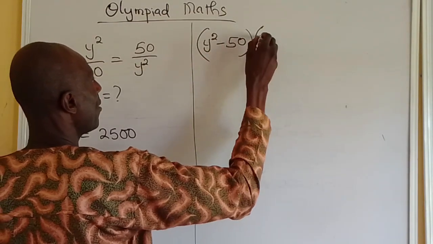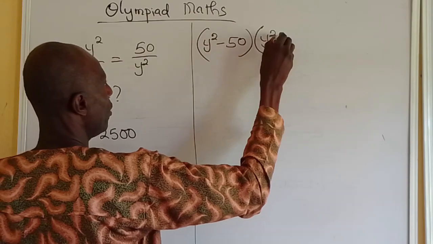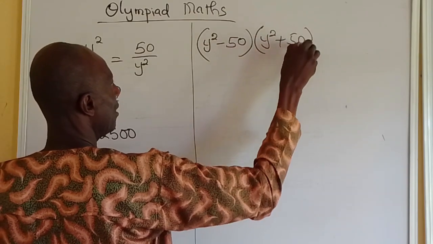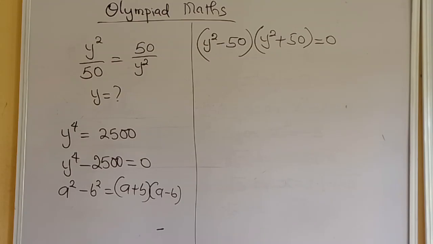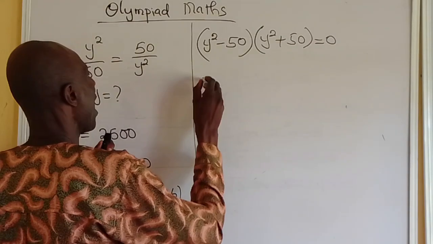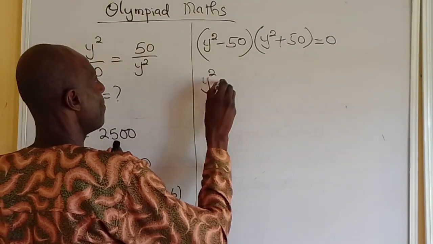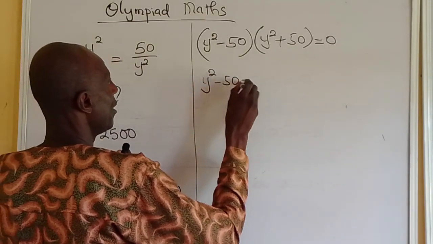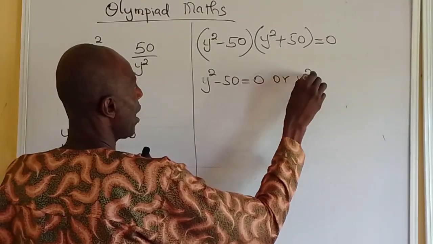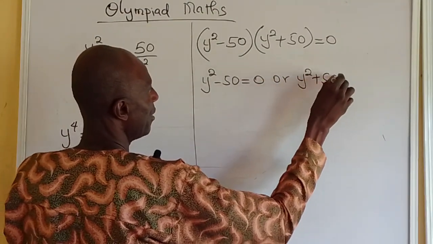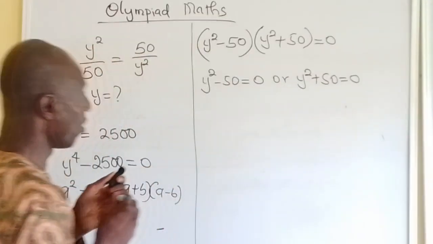Then here will be y raised to the power 2 plus 50 is equal to 0. So our duty is to equate each of the brackets to 0. So y squared minus 50 is equal to 0, or y squared plus 50 is equal to 0.